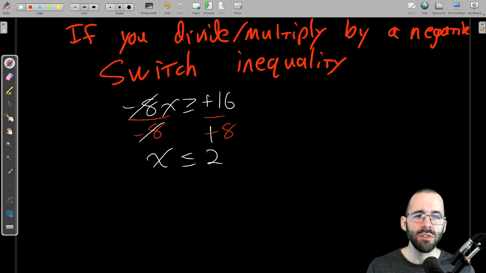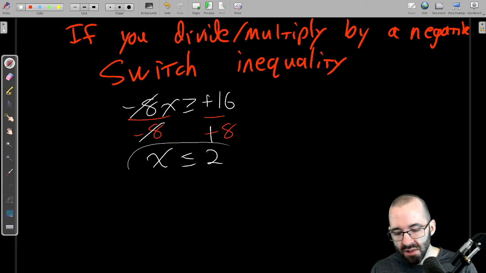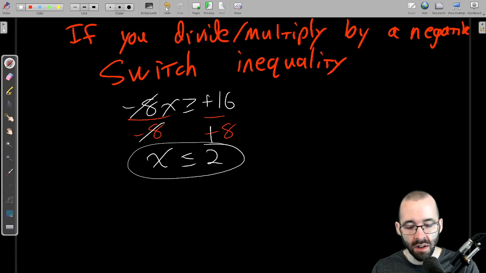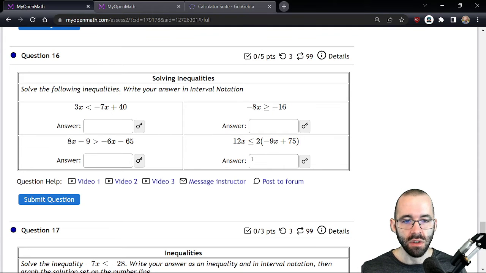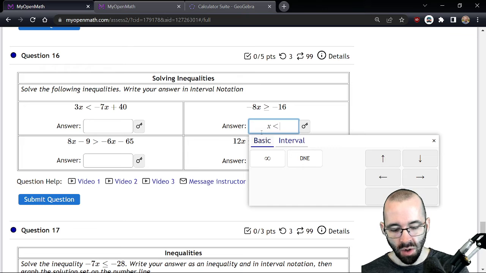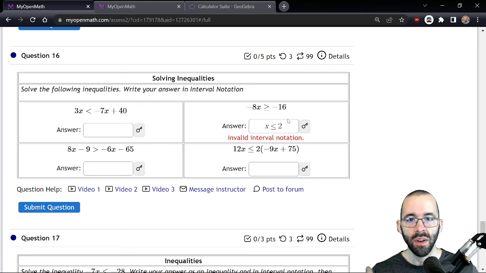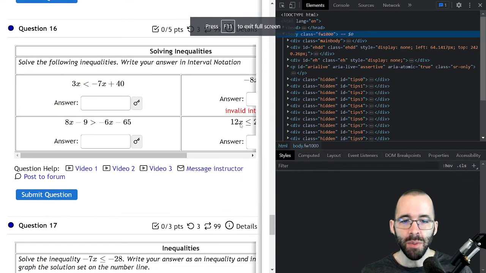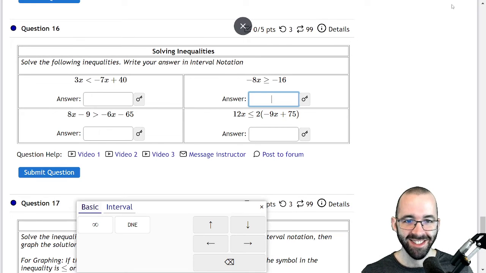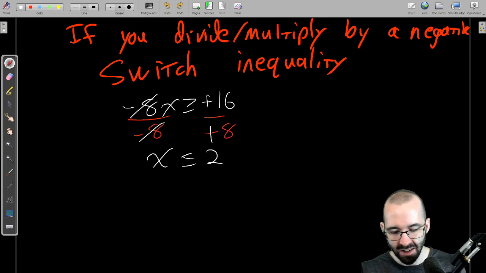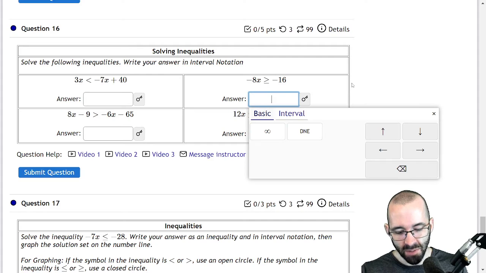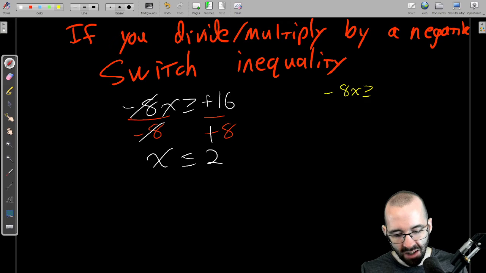Remember when I asked, what is the solution of an equation? A solution is something that makes it true. It's the same thing for an inequality. Every x value that's 2 or smaller is going to make our original inequality true. Let's check: negative 8x is greater than or equal to negative 16.